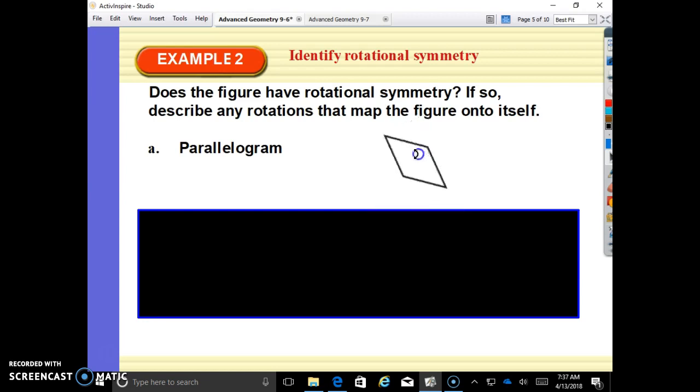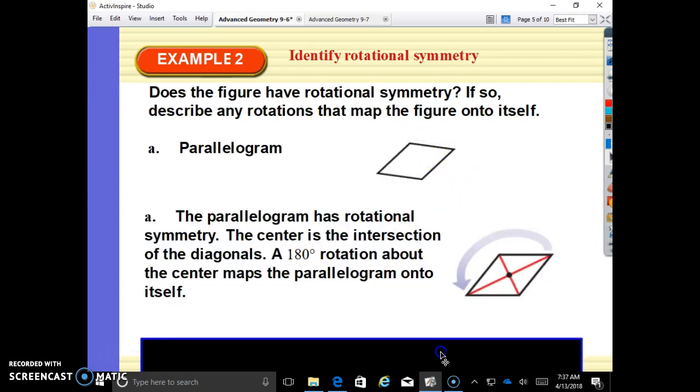It never looks the same until it goes all the way back to where it was. So no, it doesn't have any rotational symmetry, right? Because it only looks like that there. If I rotate it with the point being to the right, it doesn't ever have the point all the way to the right unless I go all the way around to 360.